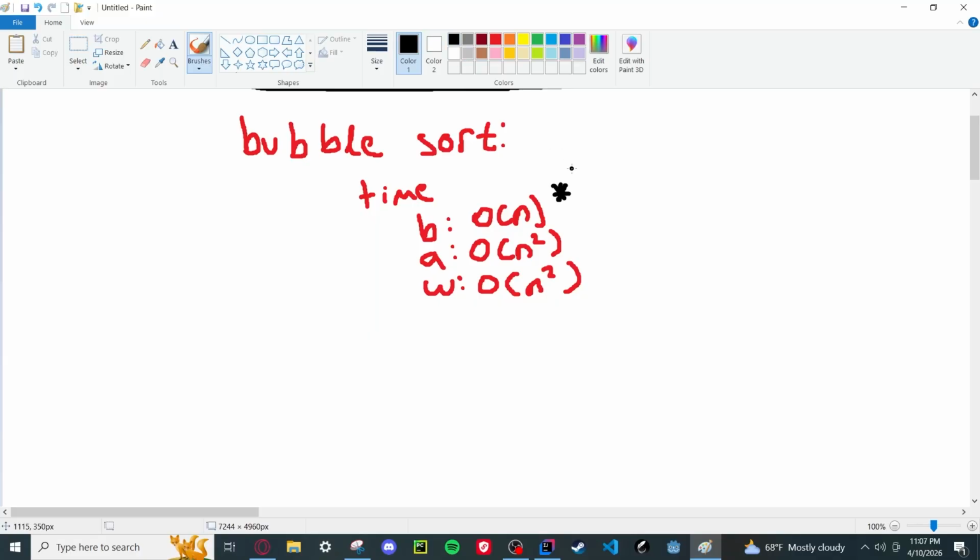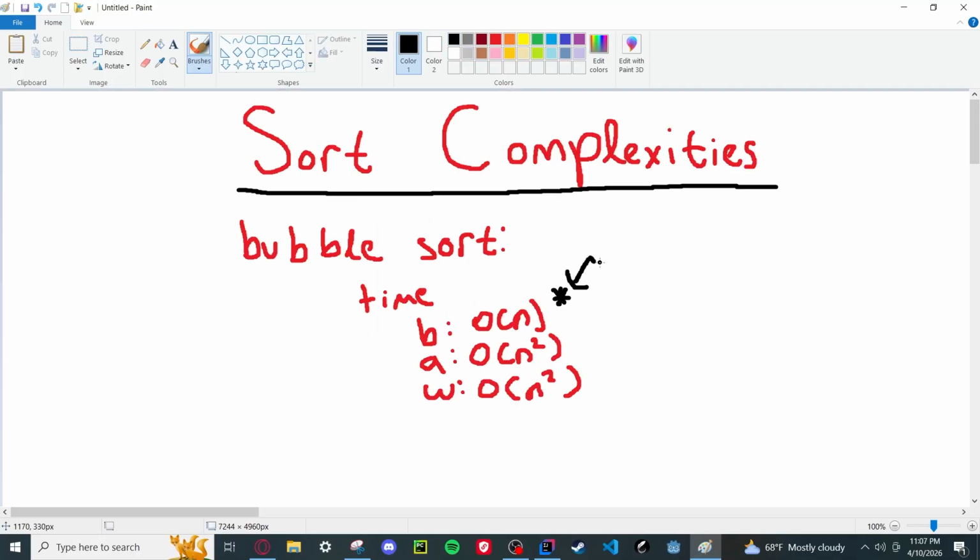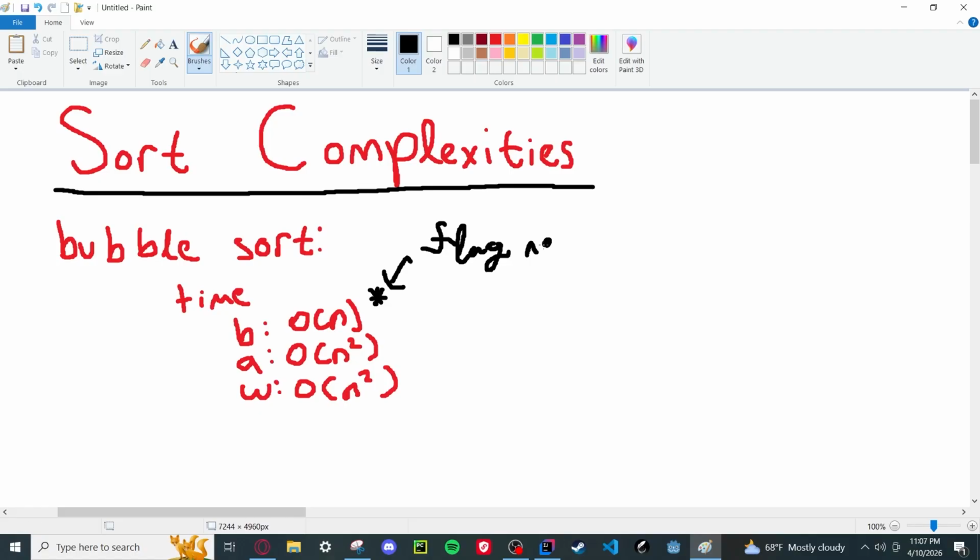So what is this asterisk about? Well, this is only true if you have a flag. Flag needed in implementation.